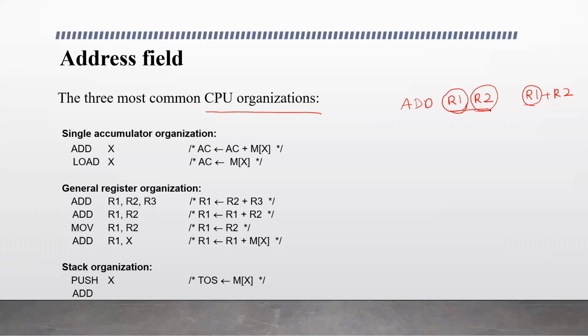But when we use an accumulator in single accumulator organization, in this type of CPU organization, the accumulator is by default used as the register for storing the data, the data before the operation or the result after performing the operation.